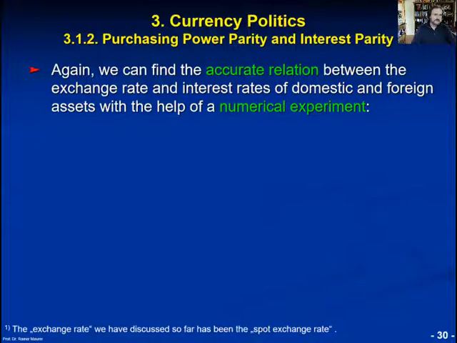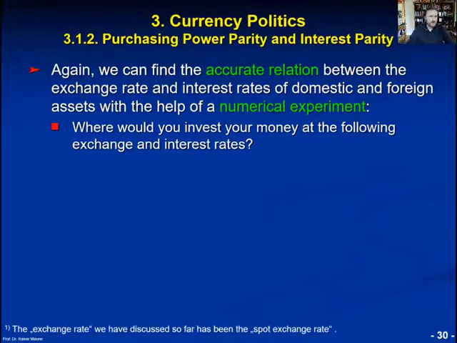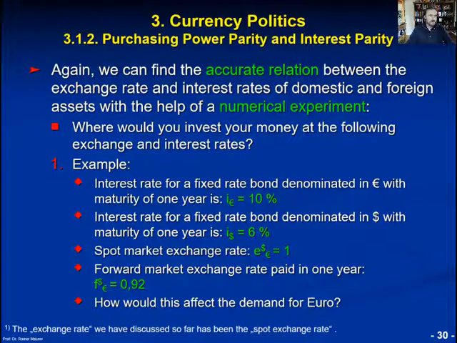We can find again the accurate relation between the exchange rate and the interest rate of domestic and foreign assets with the help of a numerical experiment. Where would you invest your money at the following exchange and interest rates? The interest rate for a fixed rate bond denominated in euro with a maturity of 1 year is 10%.